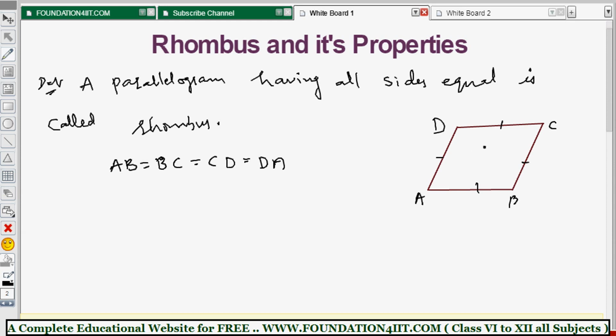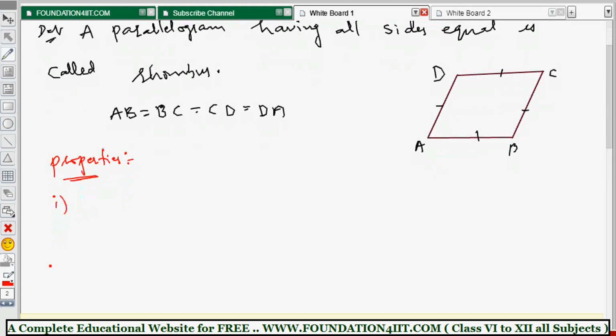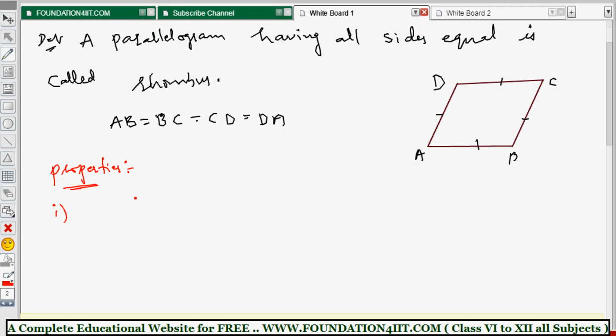Let us see some properties of this rhombus. Similarly, we will compare the properties with the parallelogram. In a rhombus ABCD, the first property is that opposite sides are parallel, because we are taking the properties from the parallelogram, where opposite sides are also parallel.